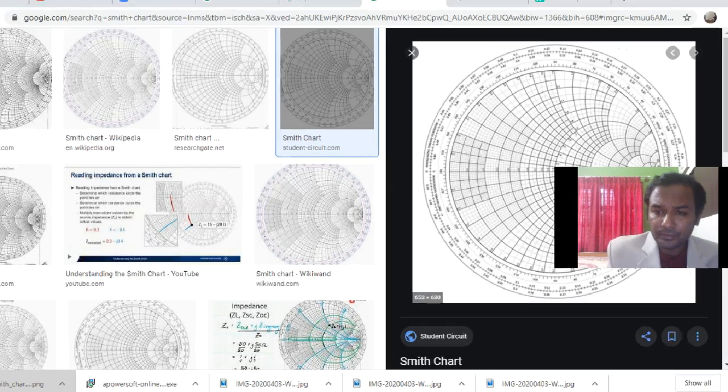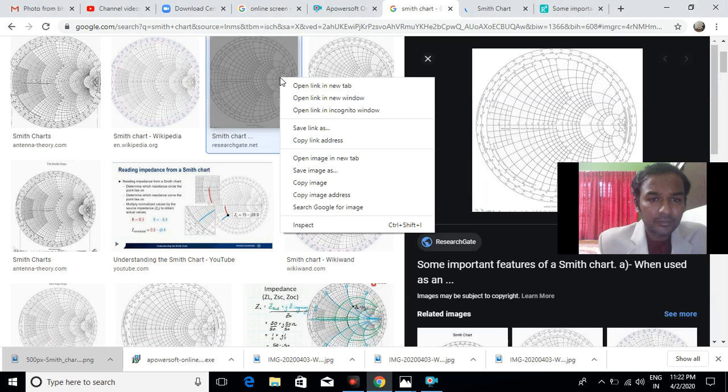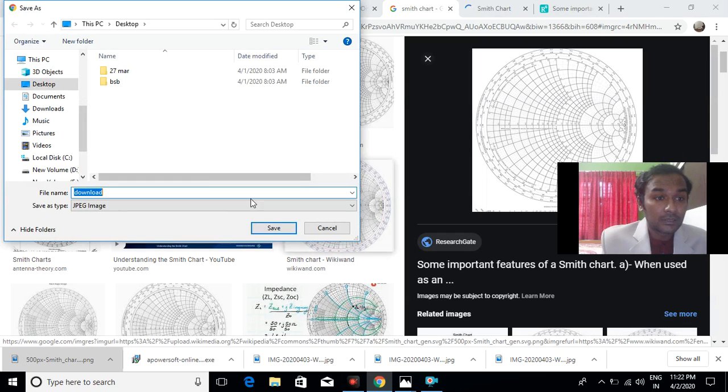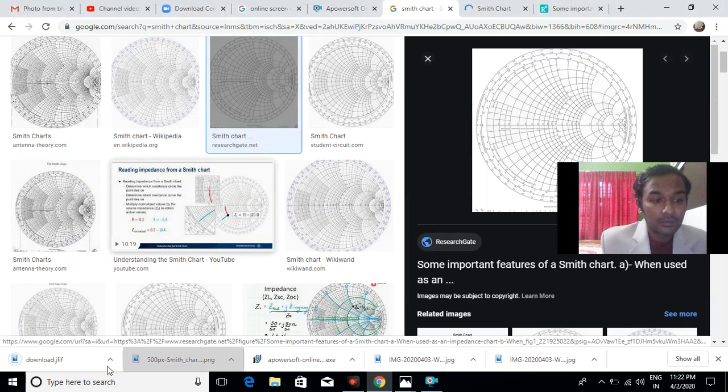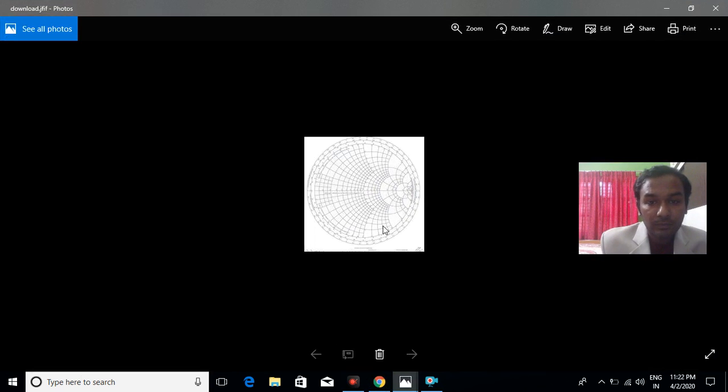You can see in this diagram also, the number of clusters is more on this side. So we have to start our Smith chart from this side.